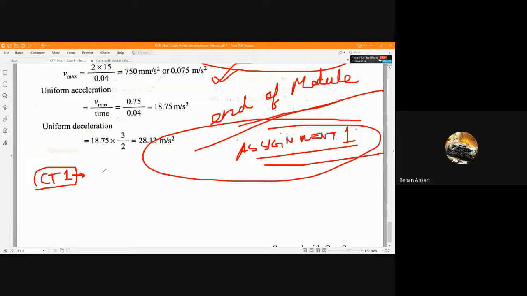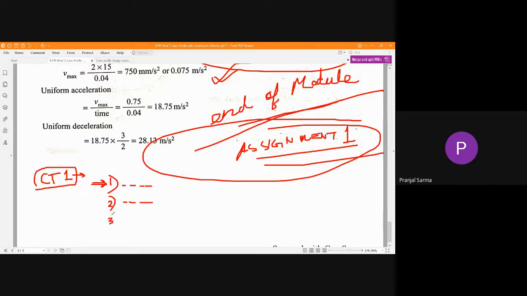Similarly, previously I have asked you to write an assignment, those questions. Next is your CT1; that theory is not required, only problems and cam profile construction.